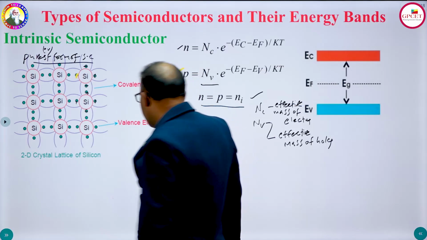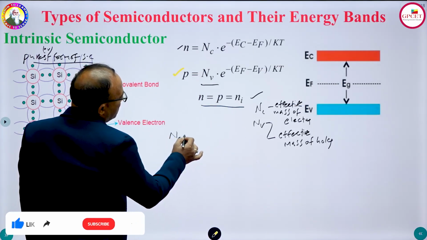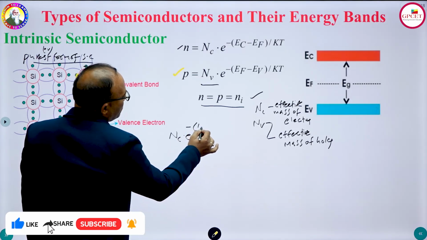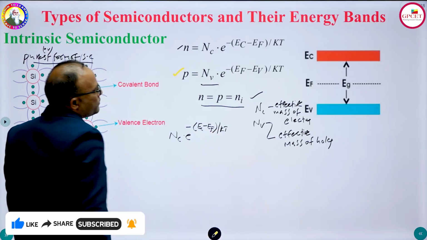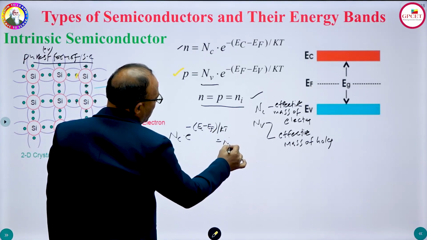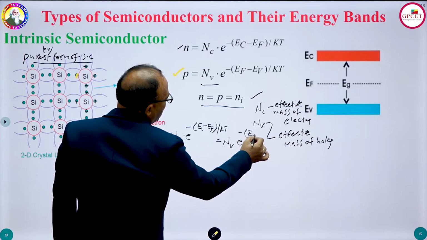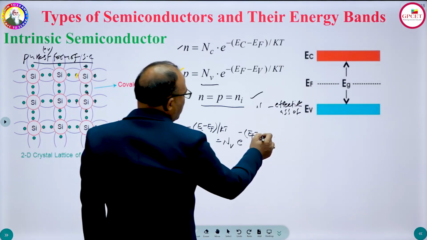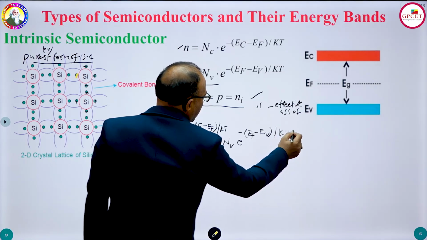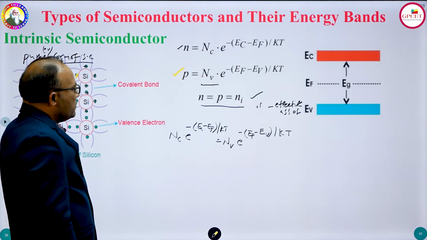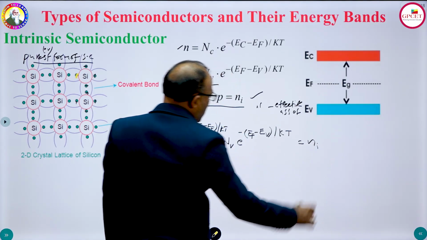Now if you apply N is equal to P is equal to Ni, then we get Nc into e power minus of Ec minus Ef divided by kT, that is equal to Nv into e power minus of Ef minus Ev divided by kT, and that is N is equal to P is equal to Ni.